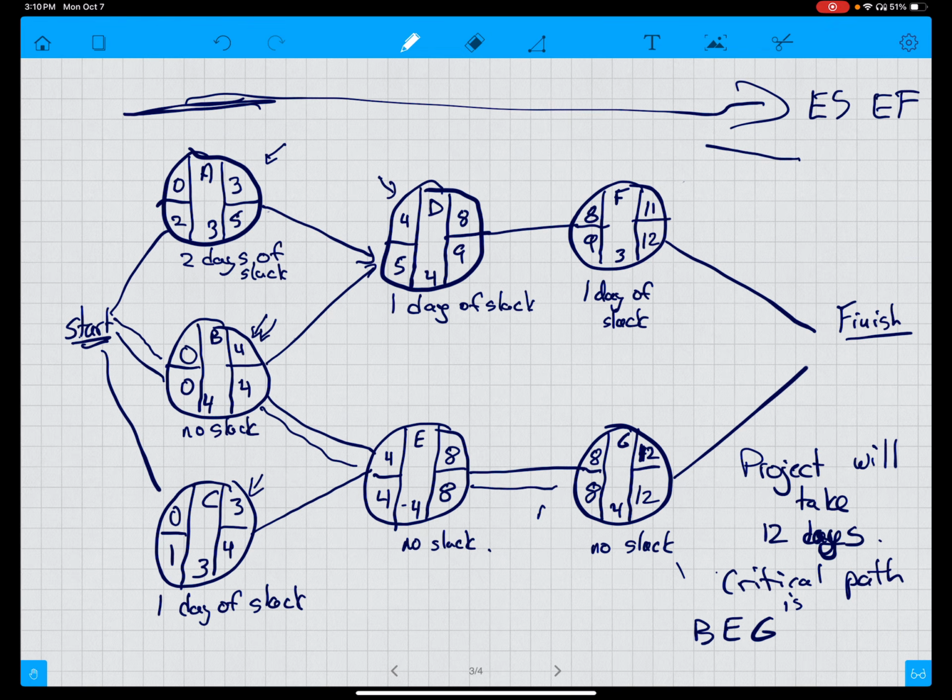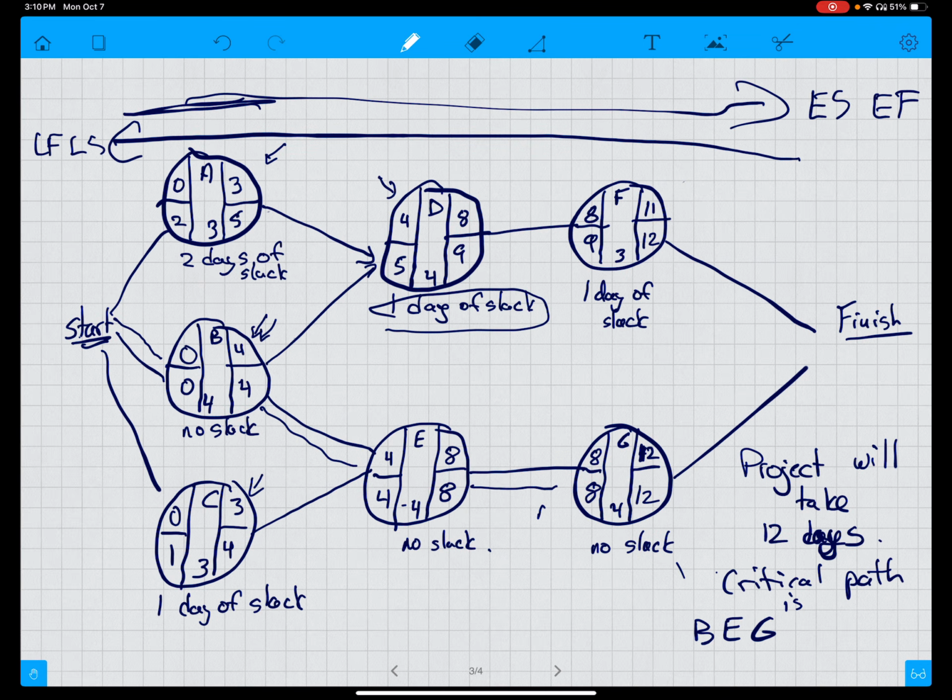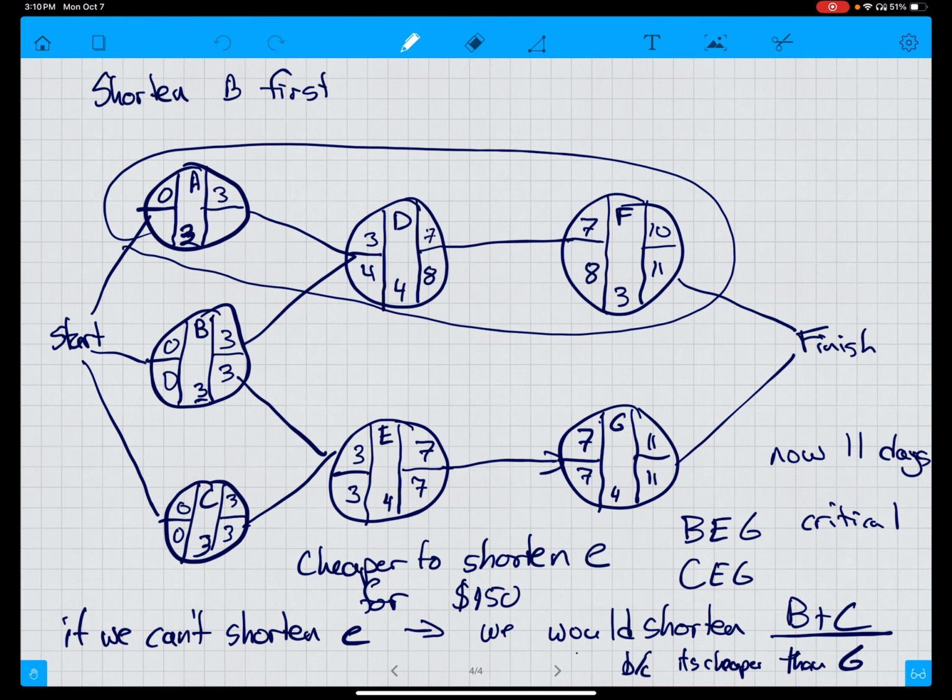And then we did a pass from right to left, where we did latest finish, latest start. We looked for slack, and the paths that didn't have any slack was the critical path. We then identified that B was the cheapest to shorten first on that path, so we shortened B. It became 3. We did the pass from left to right again, the pass from right to left.